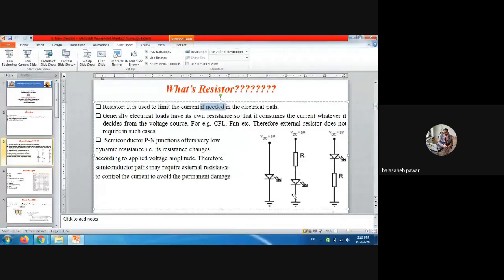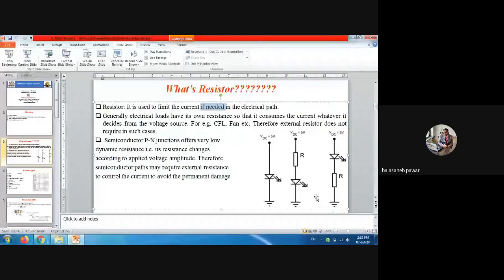So the problem statement is, we have to operate this 5 mm LED with a current of 50 milliamperes. What is the size of the LED? That is 5 mm. That means its current handling capacity is in between 10 milli to 80 milliamperes. Remember, the light intensity of the LED is directly proportional to the amount of current flowing through it.